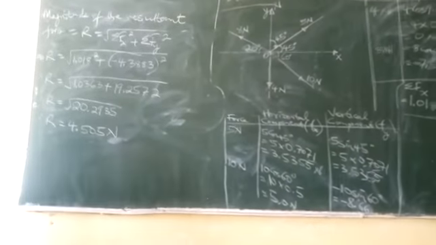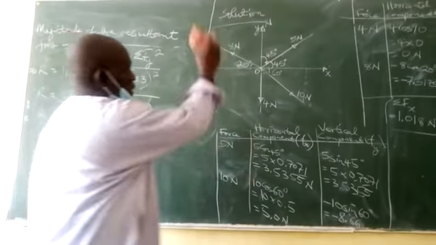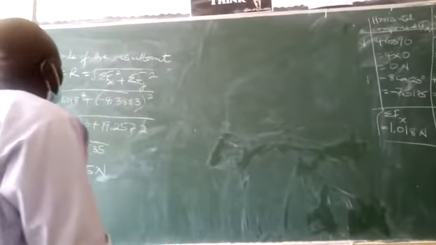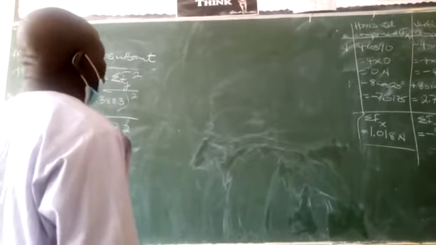Then the next thing is to calculate the direction. To find the direction, we draw the vector diagram of summation F of x and summation F of y.